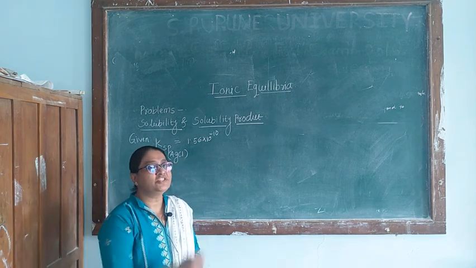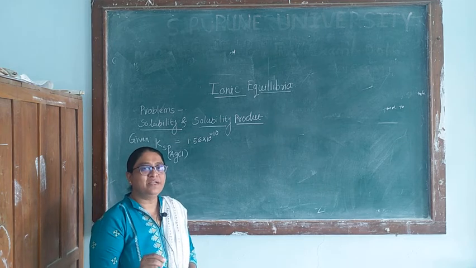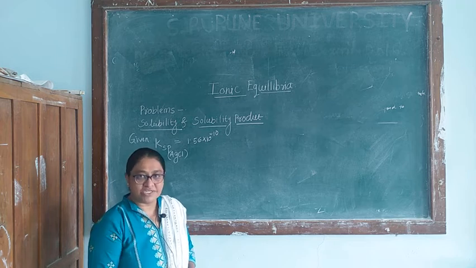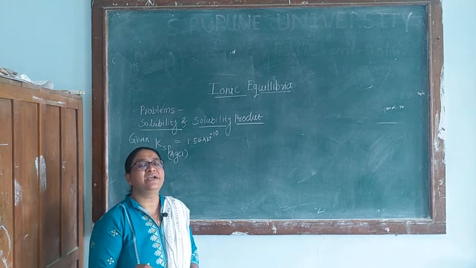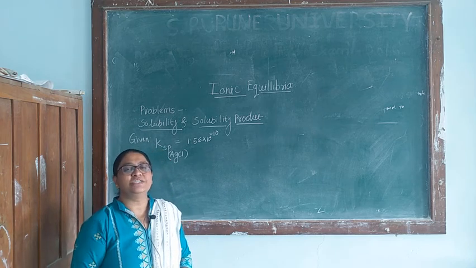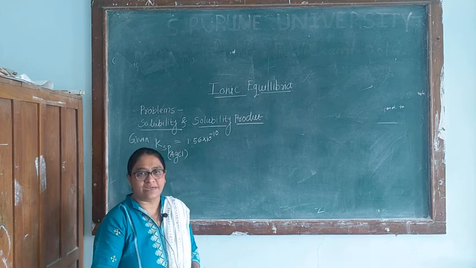Why is the temperature mentioned here? Because the solubility of any salt depends on the temperature, and hence the solubility products are specified at a definite temperature. As the temperature changes, the solubility of the salt changes, and hence the solubility product.